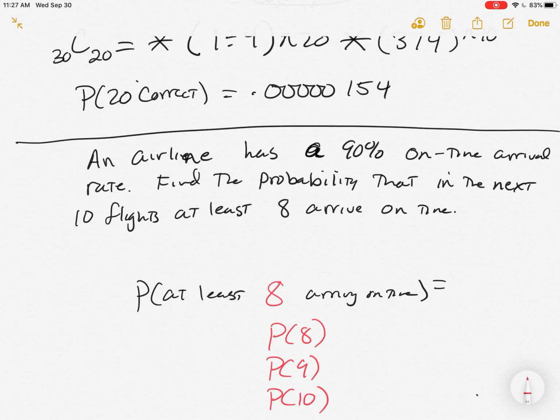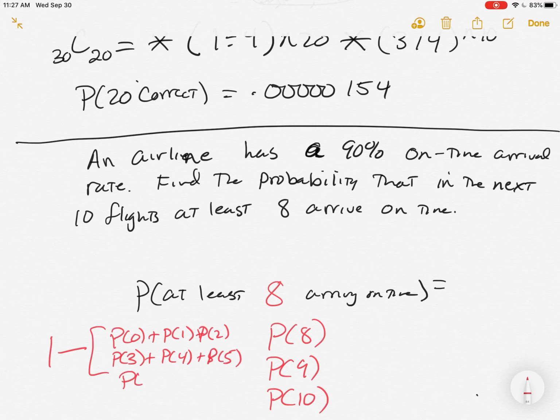That's not bad. If you are determined to do a 1 minus, then you have to do 1 minus everything that's not written here, which is 0, 1, 2, 3, 4, 5, 6, and 7.